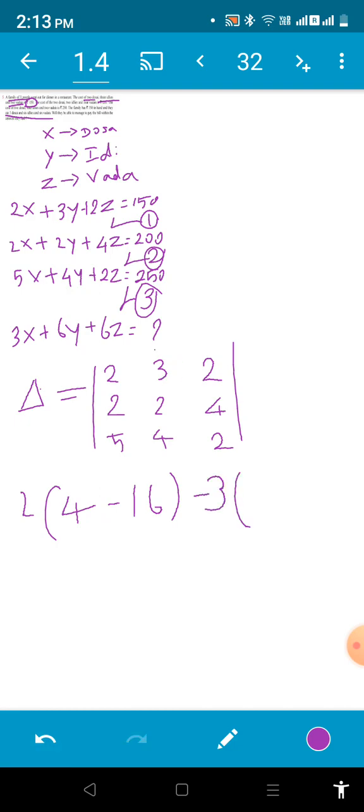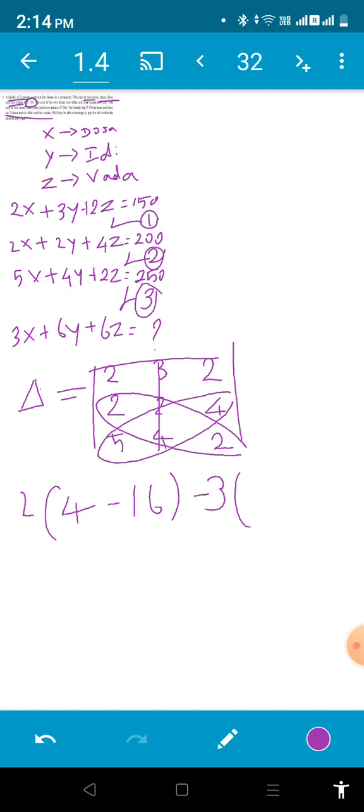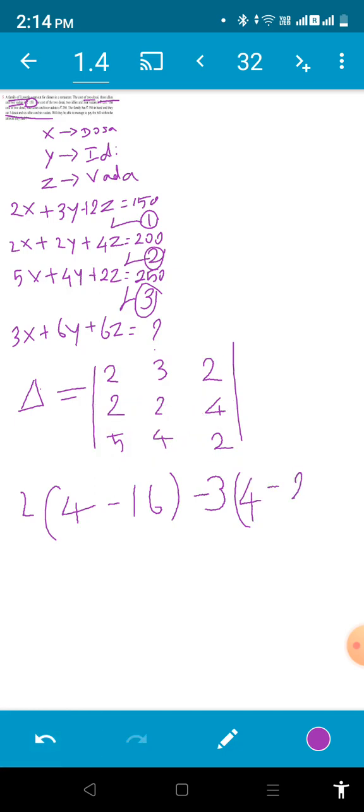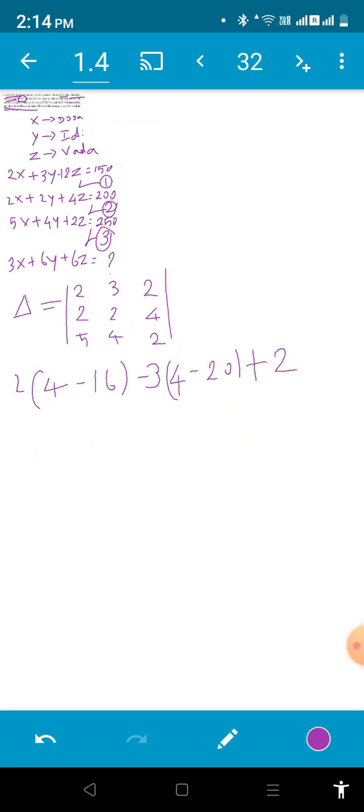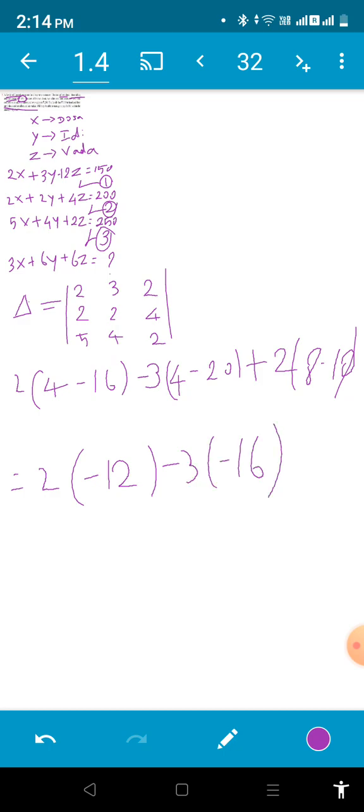Minus 3 into, the corresponding row and column cancelled, 2 into 2 4 minus 20. Get 4 minus 20 here. Then similarly the third row, I take plus 2, corresponding row and column cancelled: 2 into 4 8 minus 10. So I get 8 minus 10. So from this, 2 into minus 12, minus 3 into minus 16.